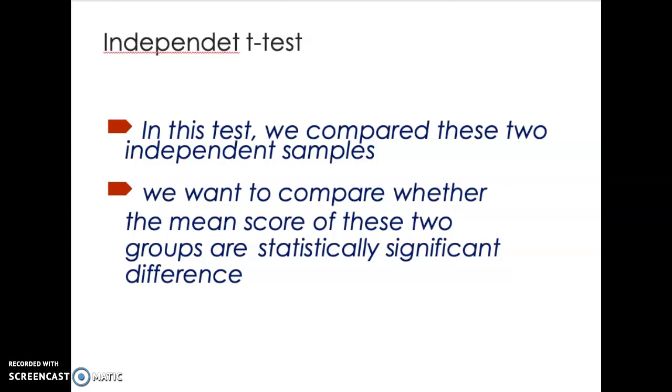So in this test, we compare these two independent samples. We want to compare whether the mean scores of these two groups are statistically significantly different. So when you want to compare means between two groups, the best thing that you would do is to run an independent t-test to compare the two groups of independent samples.